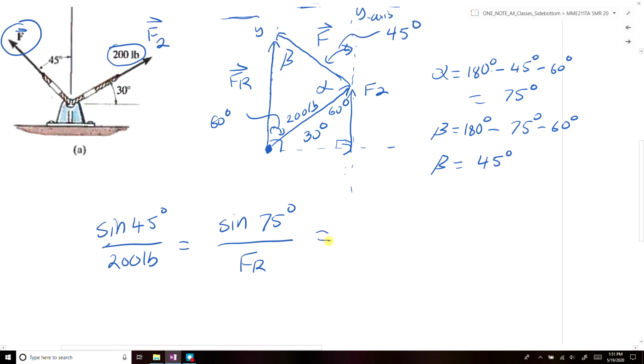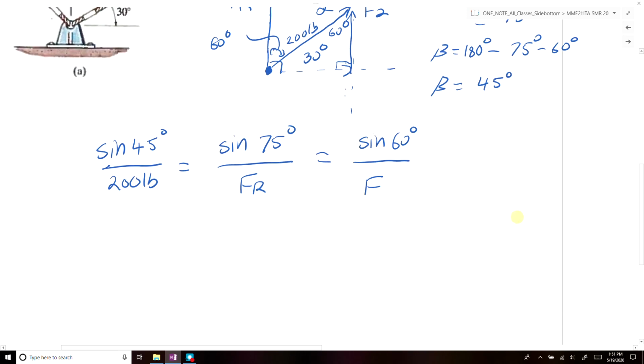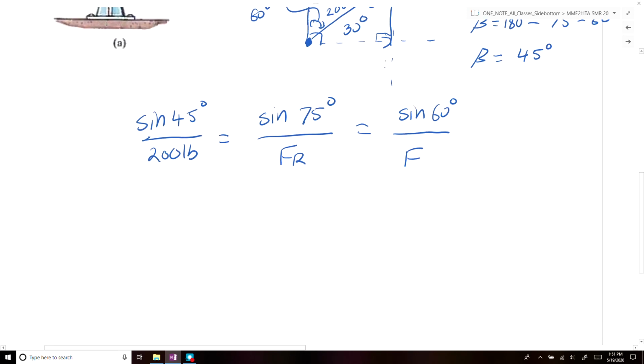And we also know that the sine of 60 degrees over the magnitude of our unknown force F would also be equal to the sine of 45 degrees over 200 pounds. We can rearrange these equations to solve for Fr and F.